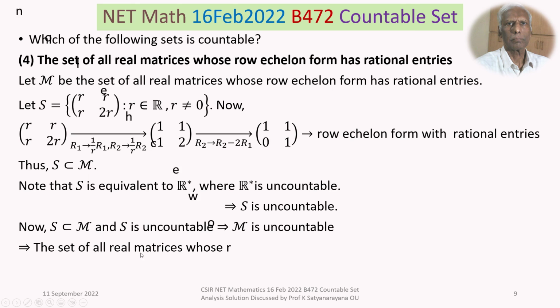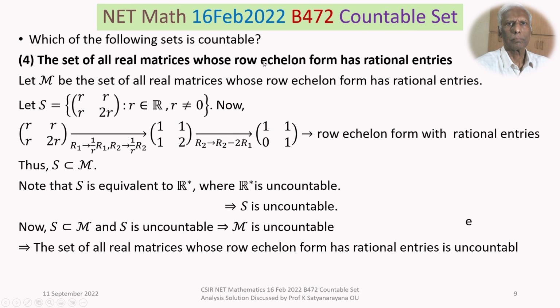Thus, the set of all real matrices whose row echelon form has rational entries is uncountable. So that's how we have shown the options. The sets given in options 2, 3, 4 are uncountable, and for option 1 we have already given a proof that it is a countable set.